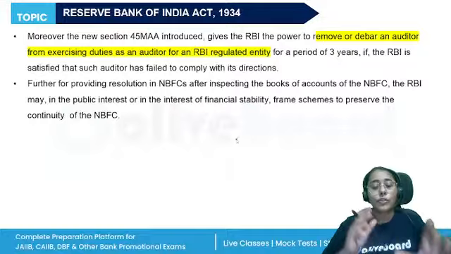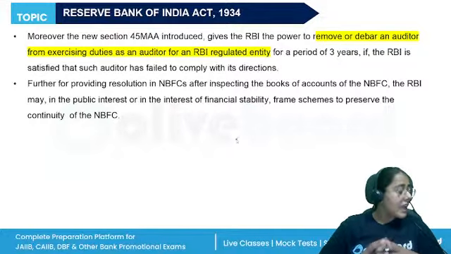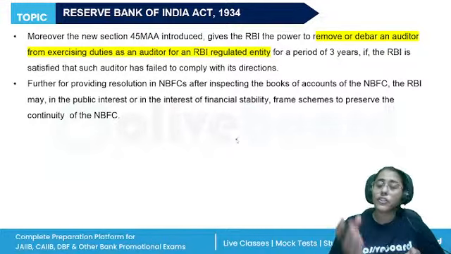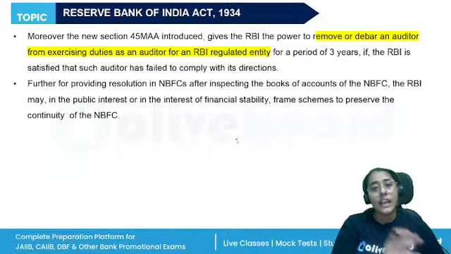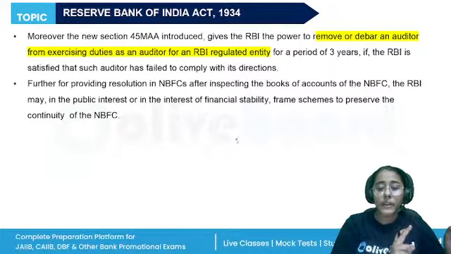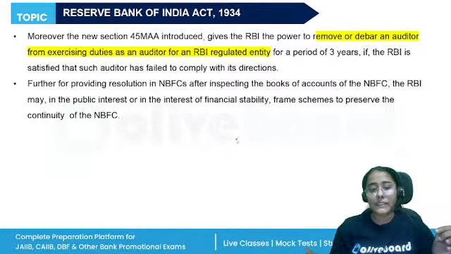Then we have already seen how under section 22 of the Banking Regulation Act, RBI gives license to the bank. So if a new bank is to be established, before starting their operation, they have to apply with the RBI. If an already existing bank was there before 1934, within 6 months of 1934, before enactment, they have to apply for the license.